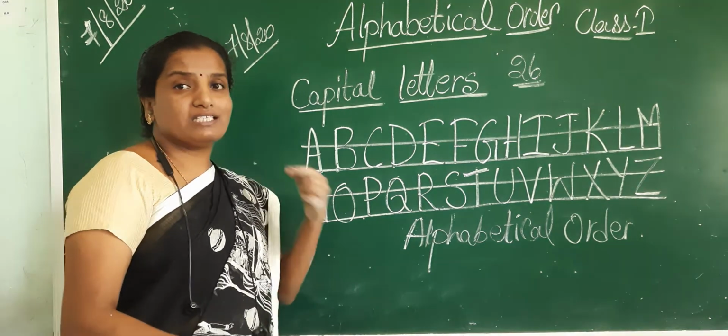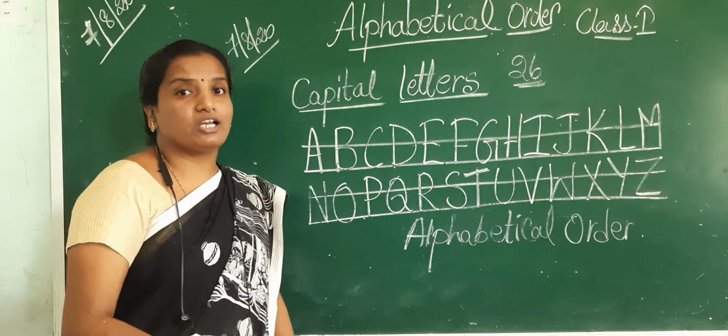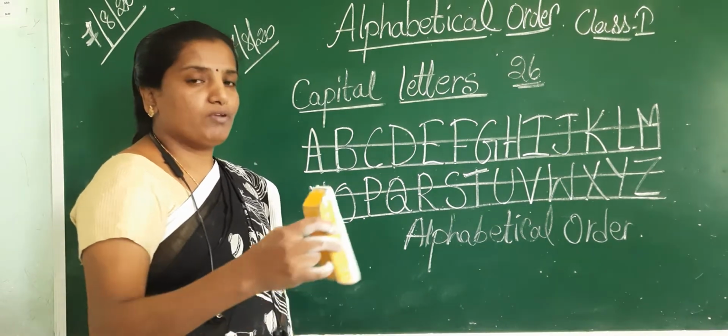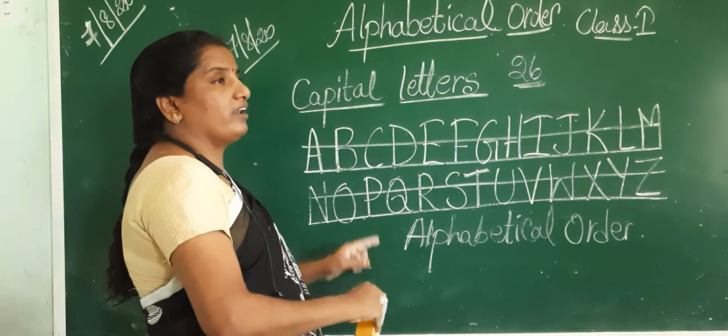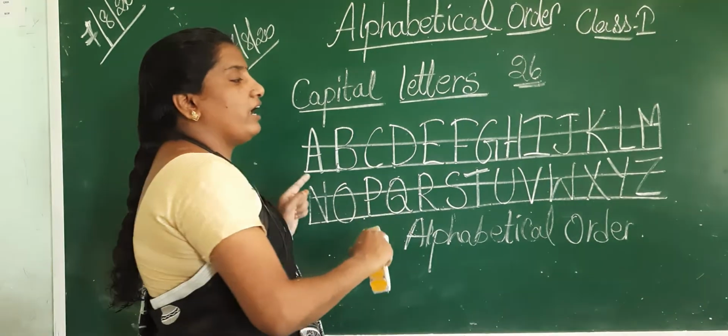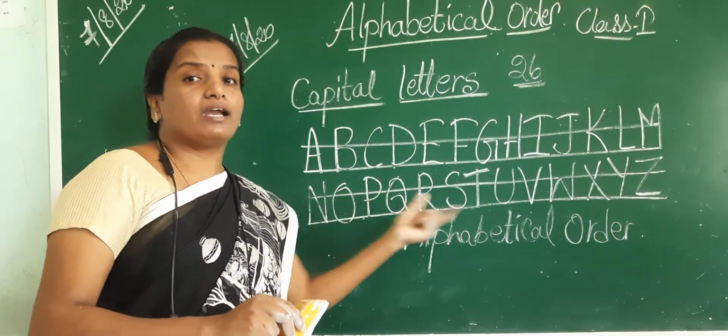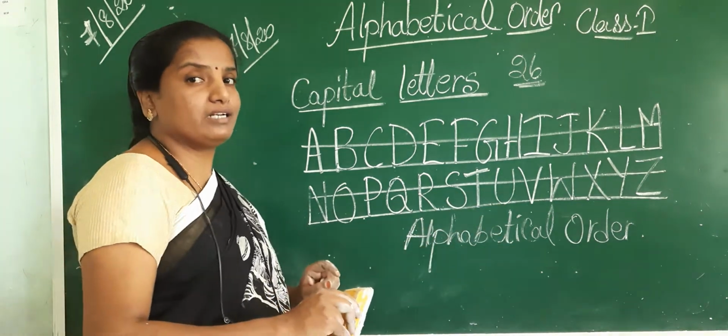Let us revise with a few examples, children, how to write the alphabetical order. Before writing the alphabetical order you should learn the letters A to Z in a correct sequence. Is it clear?